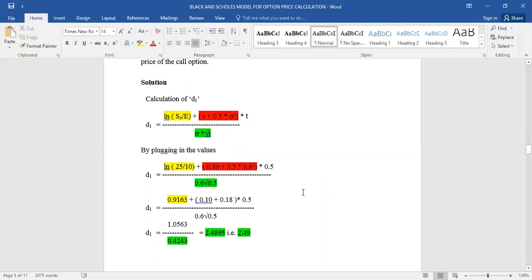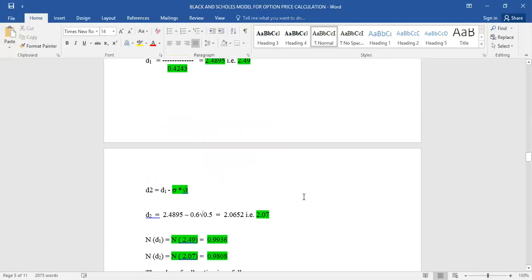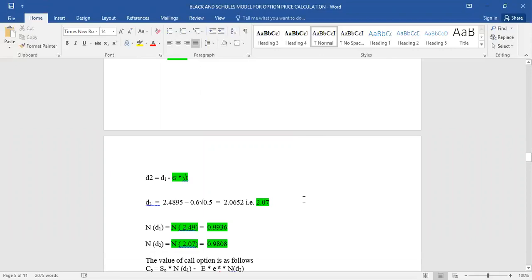I hope you could understand this very well and comfortably. Once we have calculated D1, we proceed further with the calculation of D2. That is very simple. D1 minus sigma root T, you get D2 value 2.07.